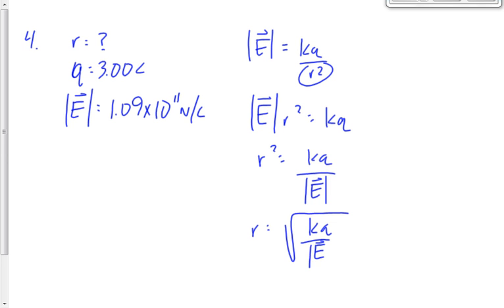It's 8.99 times 10 to the 9, times 3, divided by 1.09 times 10 to the 11. And the square root of all of that, and you should get 0.197. Let's put the numbers in.